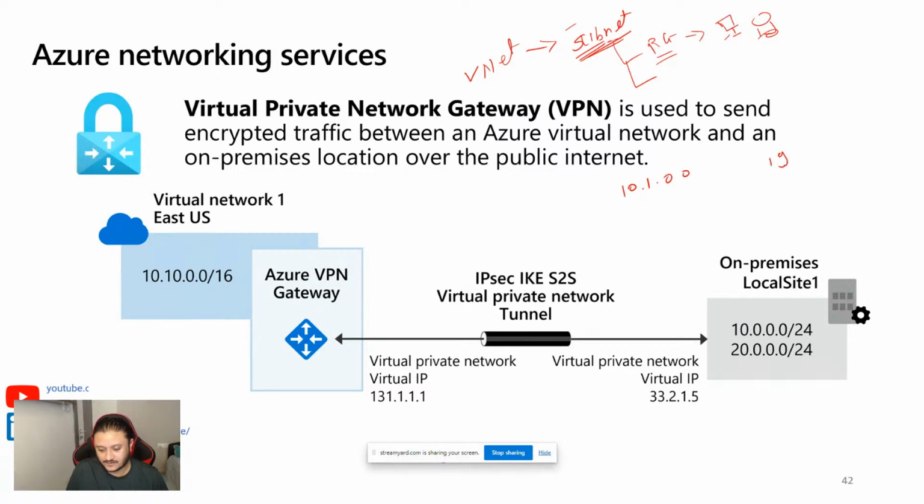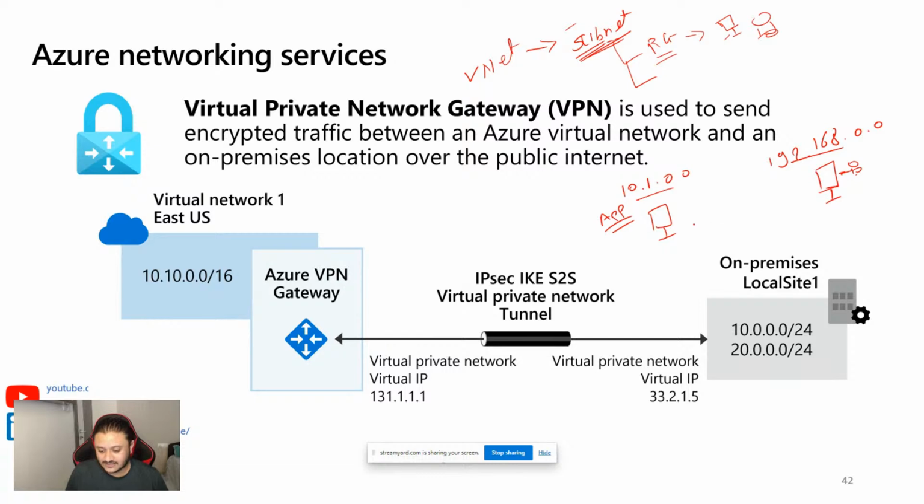I have a VM here and a second VM there. On one VM my application is running, and I keep my databases running on the VM in the separate vnet, because I don't want to put everything on the same vnet. But in this case, these IP ranges are totally different. So how can these two VMs communicate with each other? That's the challenge that comes into the picture, right?